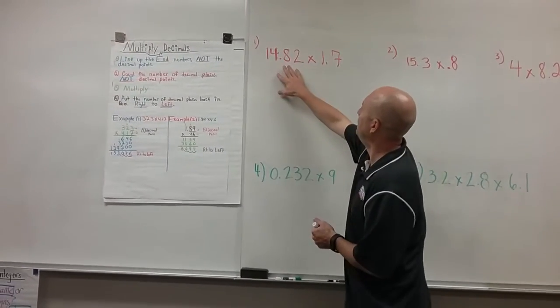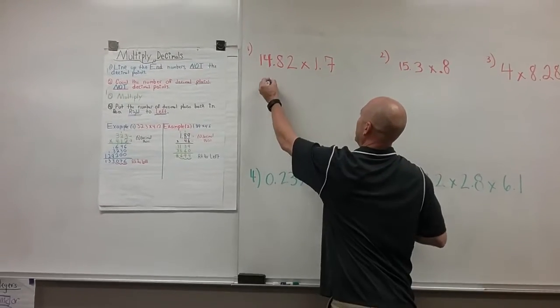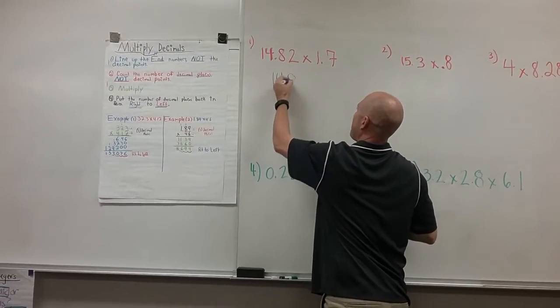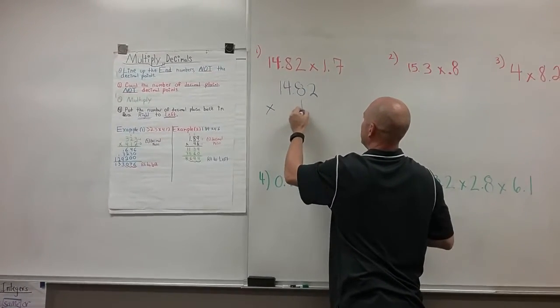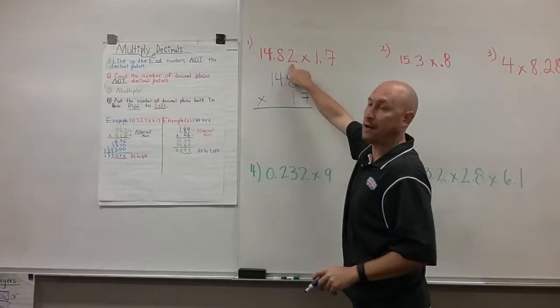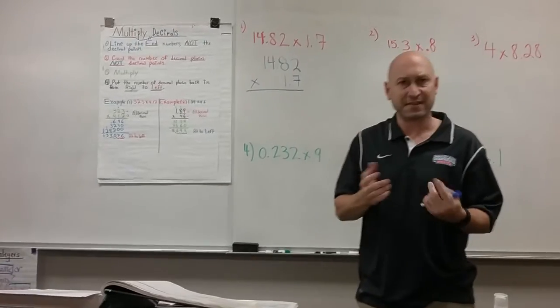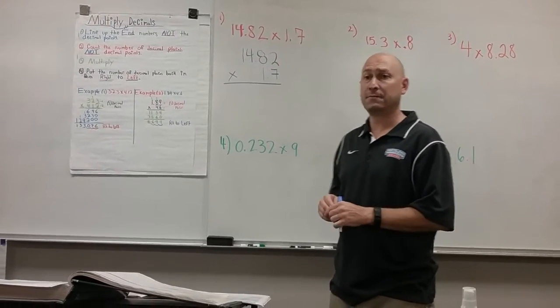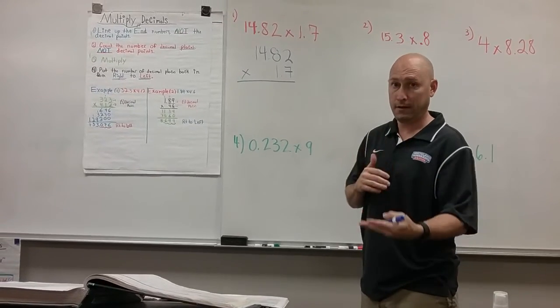The first problem we have is 14.82 times 1.7. When I set this up, I'm going to line up my end numbers so that my 2, which is the end number here, lines up with the 7 here. Now what I want to do is do a quick estimate in my head like I did with adding and subtracting, so I have a good idea about what my answer should be.